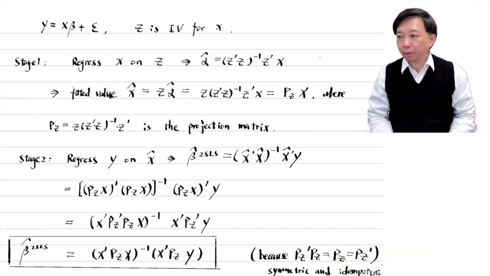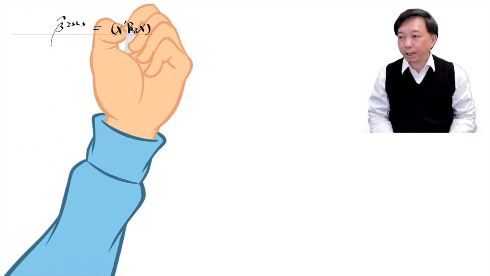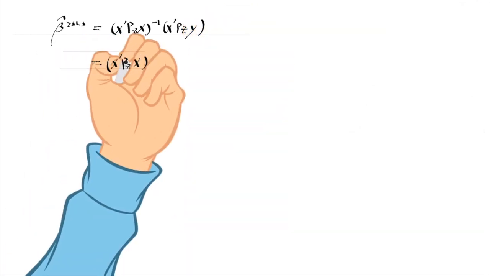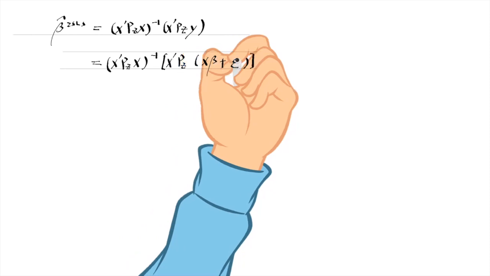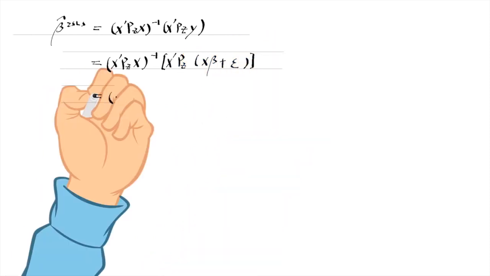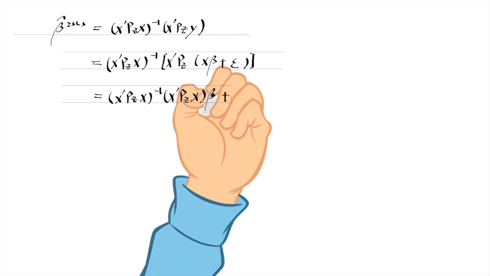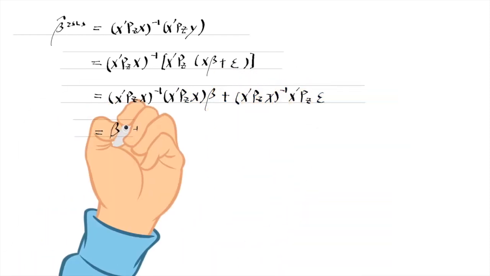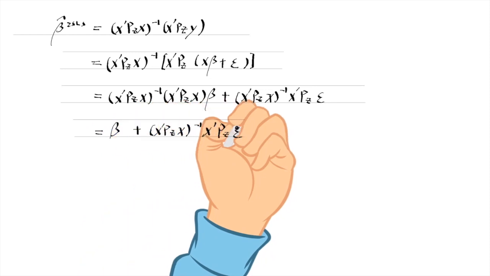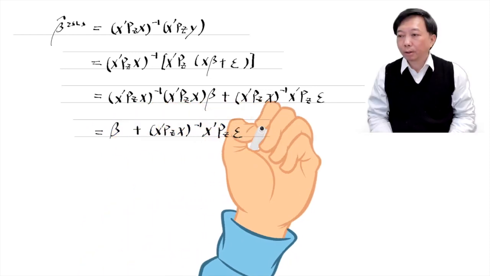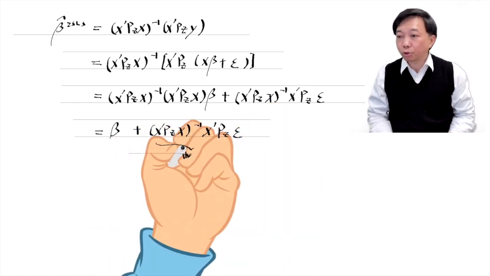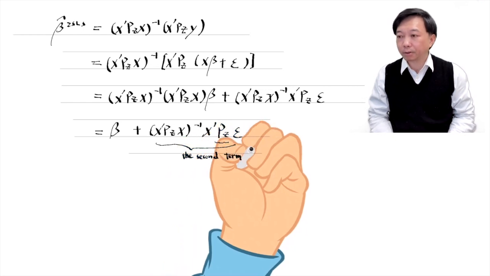Next, let's prove it is a consistent estimator. We replace y with x times beta plus epsilon. Then we find that the two-stage least squares estimator equals the true parameter beta plus a second term.